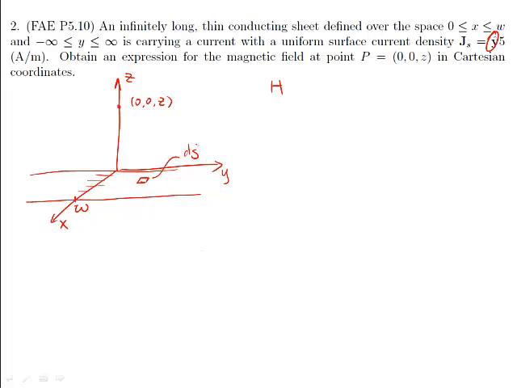In the Cartesian coordinate system, this little surface would be actually dx dy, because z is not changing. So we would be interested in finding out dH due to this little surface.